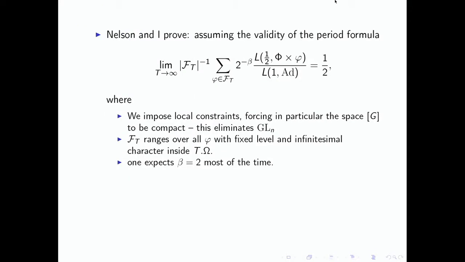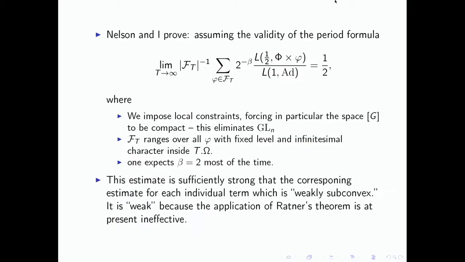And in terms of the, so I think this family is what's called the edge of convexity, meaning that from this result, you deduce an estimate for each term. If you just throw away all but one term, you can deduce an estimate which is little o of the convexity bound.